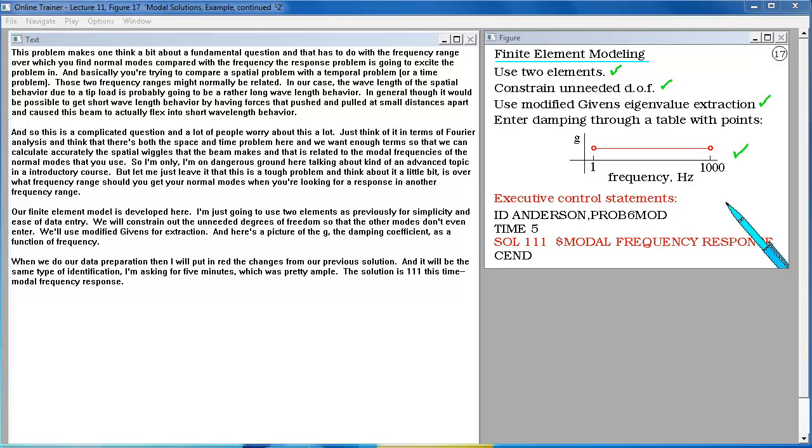When we do our data preparation, I will put in red the changes from our previous solution, and it will be the same type of identification. I'm asking for 5 minutes, which was pretty ample. The solution is 111 this time, modal frequency response.